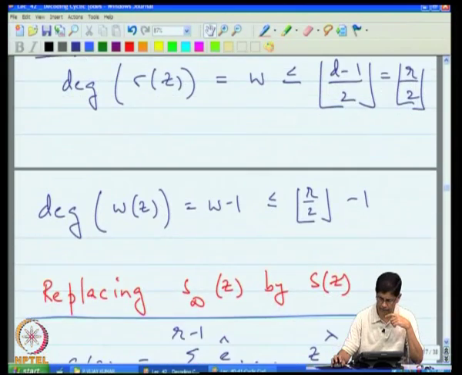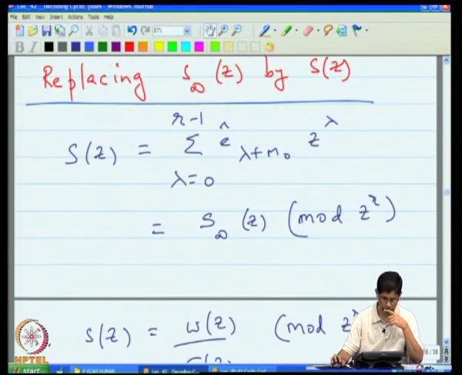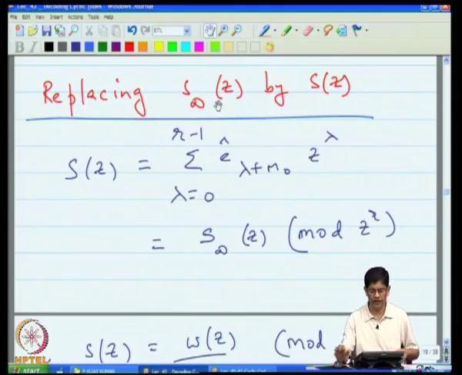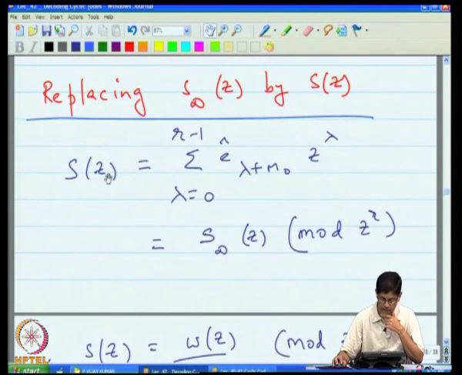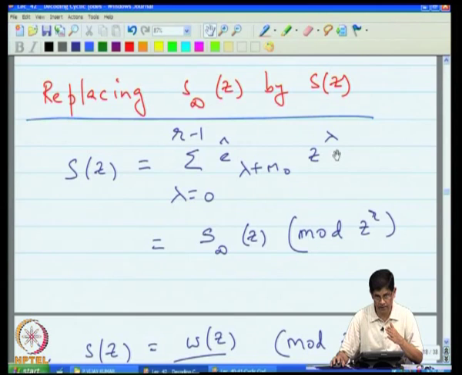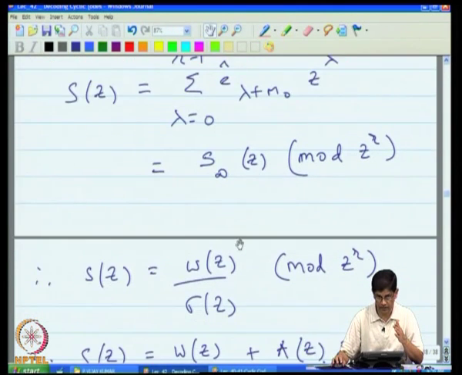What we can say, replacing S infinity of z by S of z. So here is S of z, and notice that it is equal to S infinity of z provided you go mod z to the r, which means that if you neglect terms in z to the r or higher, then there is no distinction between S of z and S infinity of z.